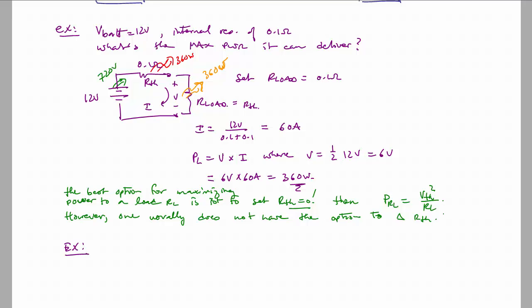So just keep that in mind, because if you are not being constrained to not change our Thevenin, then the way you want to maximize power to the load is to not make the load resistance equal to Thevenin resistance, but make the Thevenin resistance go to 0. Because then all of the power that the voltage source is delivering actually goes to the load. None of it gets dissipated in our Thevenin, and there's then actually no limit to how much power you could deliver to the load.